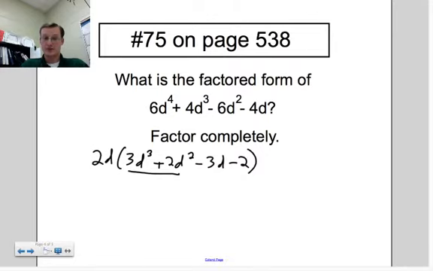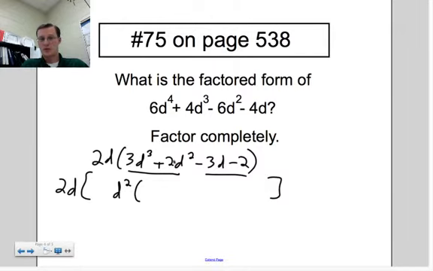Now I want to look at the first 2 and the last 2 and see if there's anything in common. I'm going to put the 2d on the side with some square brackets so I have a little room to work. Now what's in common with these? Well, there's d's, but there's no other coefficient constant. There's no other numbers.